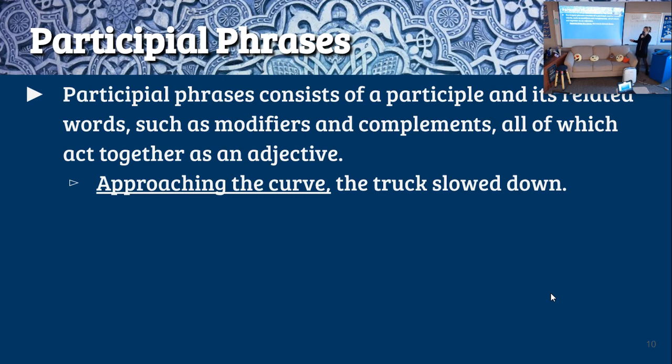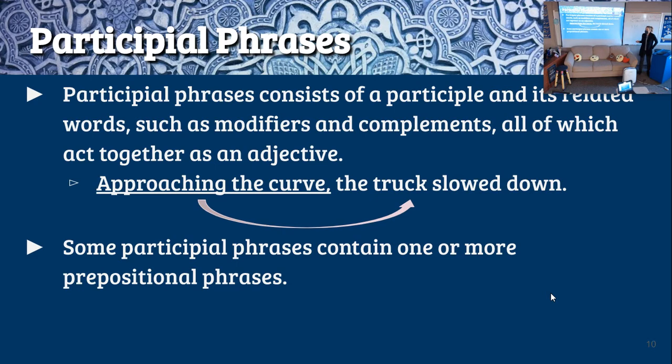This whole phrase together is modifying what word in the sentence? Logan. What word in the sentence is approaching the curve modifying? Truck. It's working together as one complete phrase, functioning as one adjective to give us more information about what the truck is doing. So it's modifying that noun, functioning as an adjective. Does that make sense? Pretty straightforward, right?